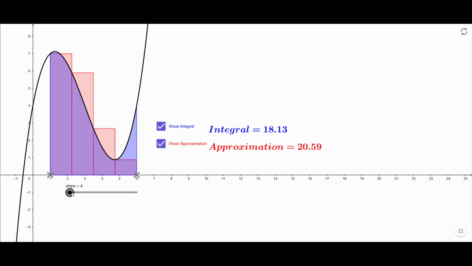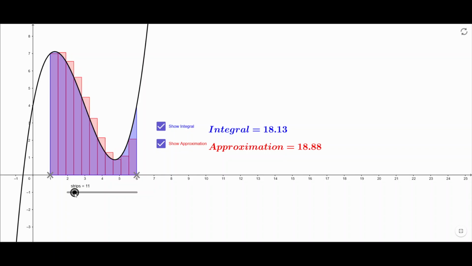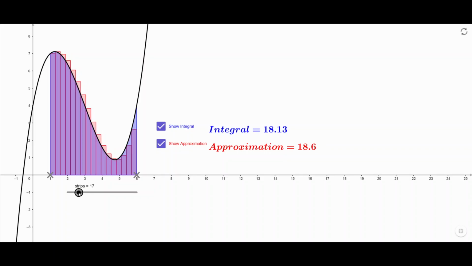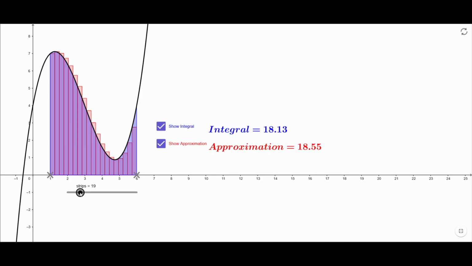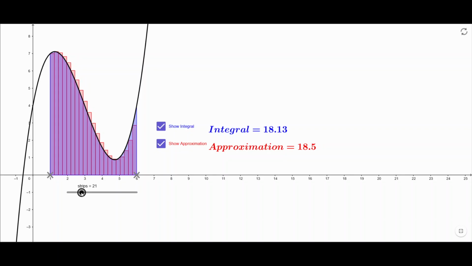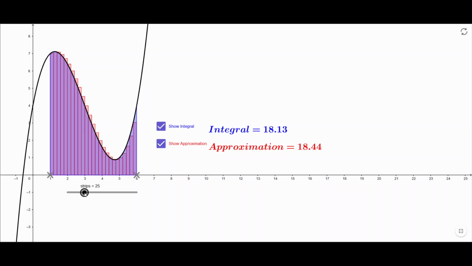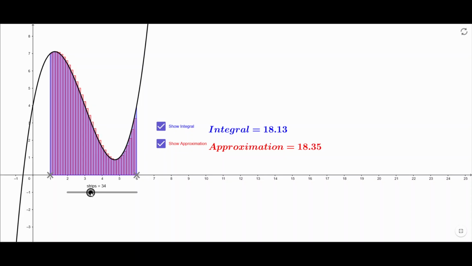We increase the number of strips so that the unwanted area calculation will be less and less, and therefore it will become closer and closer to the exact value. So just to observe, if we increase the number of strips, then the area will become closer and closer to the exact value.